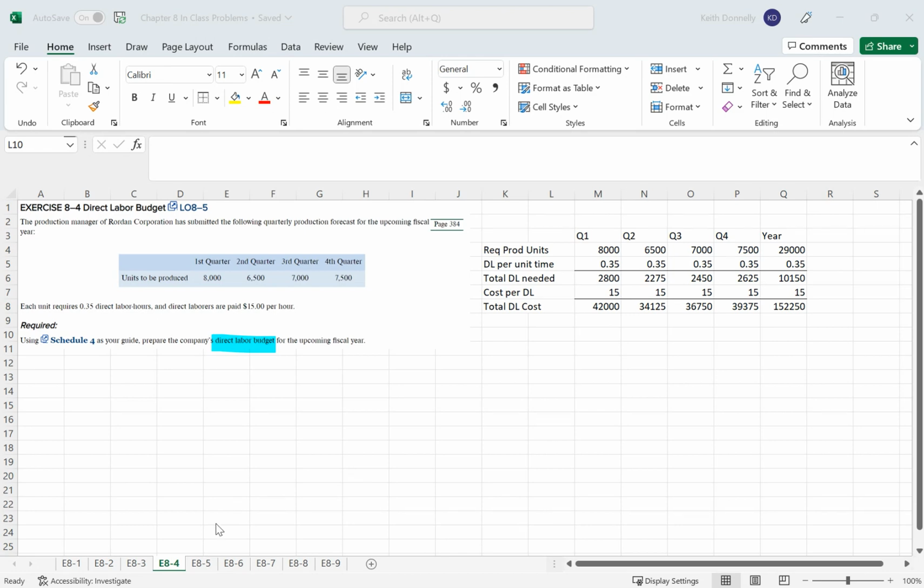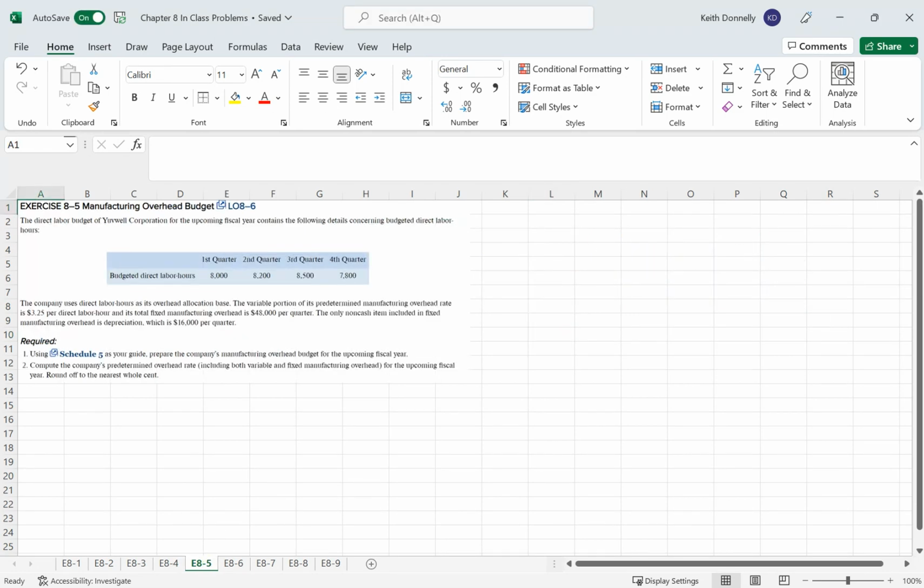All right, so let's move on to 8.5 here. They're giving us some information. They're saying the direct labor budget of a corporation for the upcoming fiscal year contains the following details concerning budgeted direct labor hours. It says the company uses direct labor hours as its overhead allocation base. The variable portion of its predetermined manufacturing overhead rate is $325 per direct labor hour, and its total fixed manufacturing overhead is $48,000 per quarter.